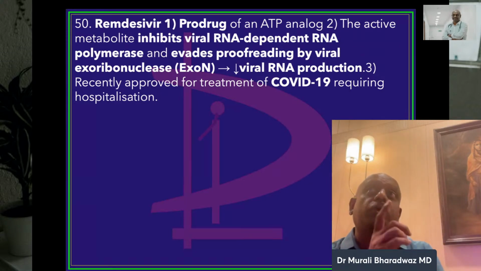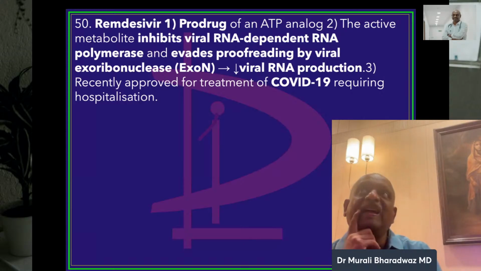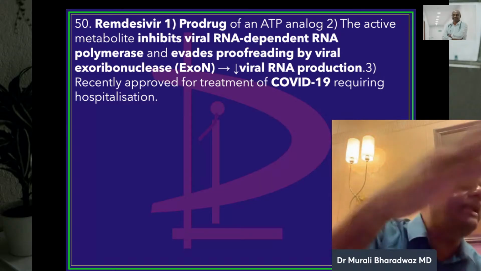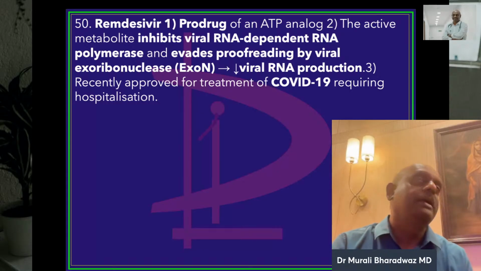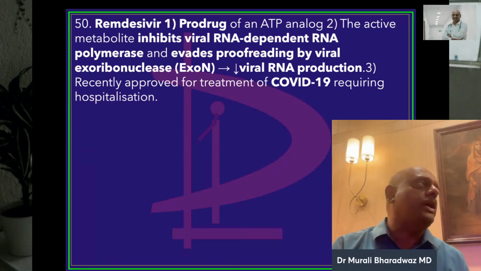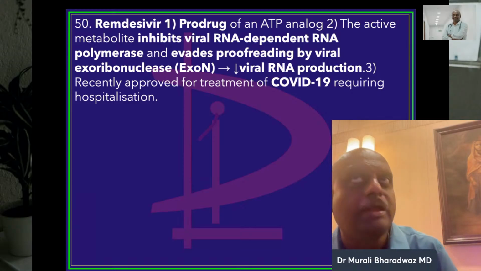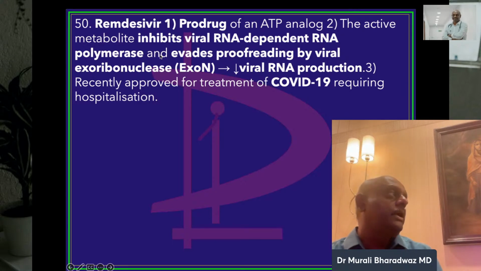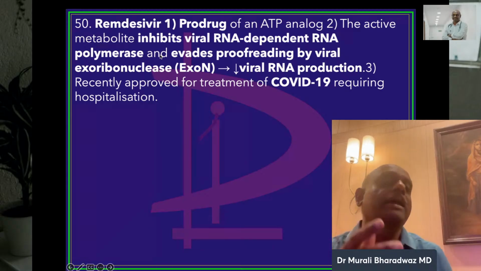It is a prodrug of an ATP analog, and the active metabolite of it inhibits the viral RNA dependent RNA polymerase. RNA dependent RNA polymerase అని ఒక ఎంజైమ్ ఉంటుంది కోవిడ్ లో. And by inhibiting that, it will evade the proofreading.